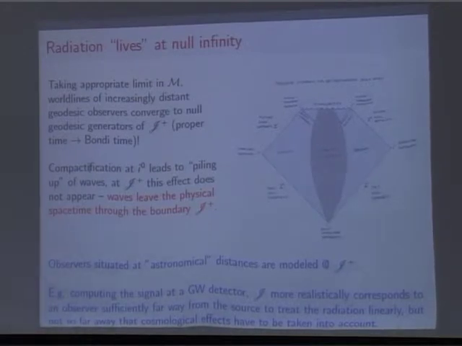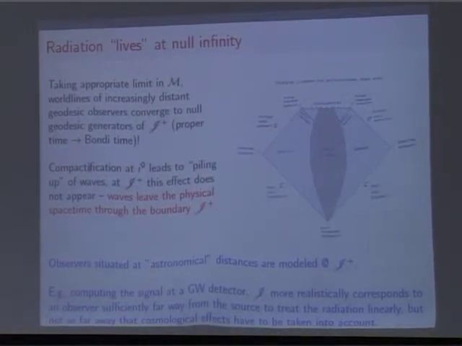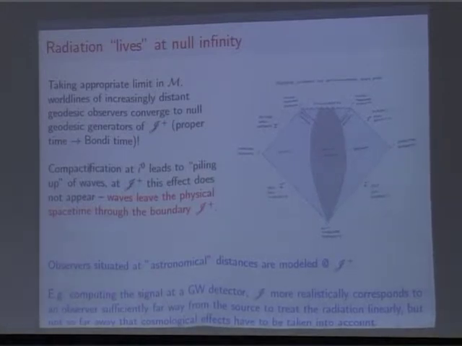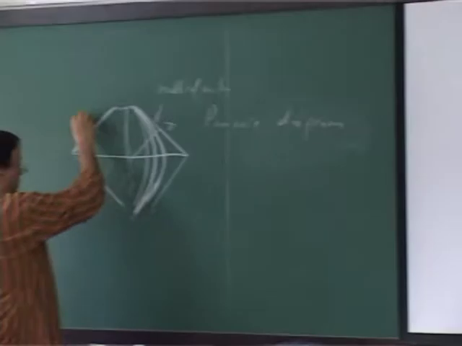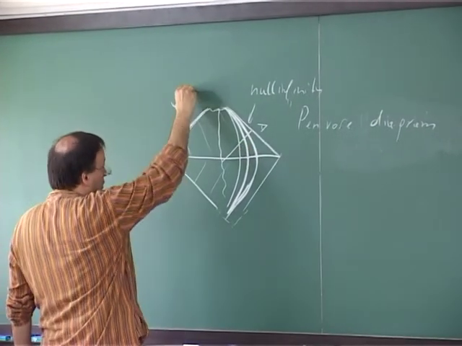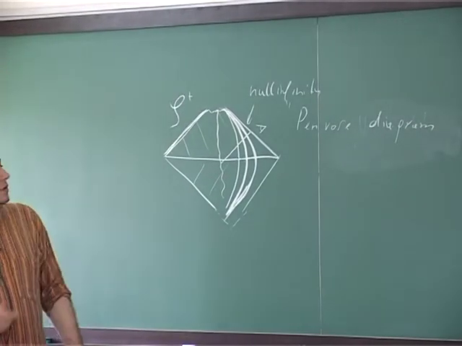And I apologize for my somewhat technical language here, but maybe some of you that have looked more into GR appreciate it. There's this null surface here at infinite separation, which we call null infinity or scri, and because it's in the future, it's usually called scri plus.